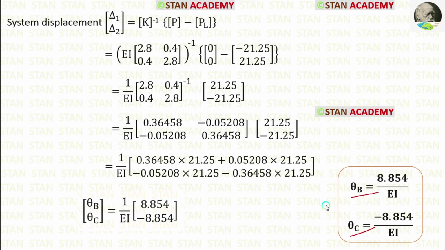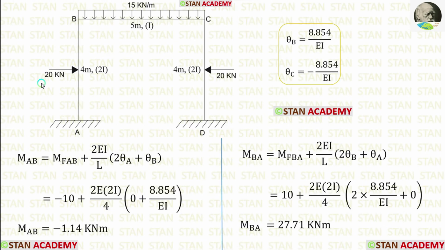Now let us make the slope deflection equations and find out the final moments. First, let us make the slope deflection equations in the column AB. In these equations, let us apply the fixed end moments. For AB, the moment of inertia is 2I.